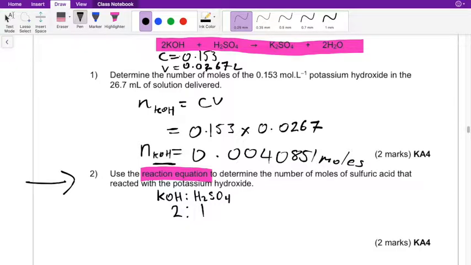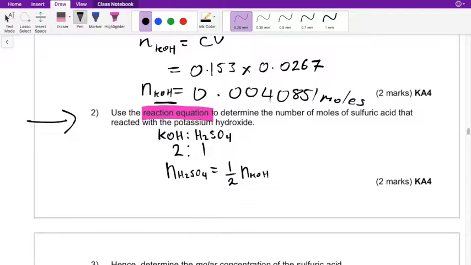That means that for every 2 moles of potassium hydroxide, we get 1 mole of sulfuric acid, which means that we get half as much sulfuric acid as we do potassium hydroxide. Therefore, we know that the moles of H2SO4 is equal to half the moles of potassium hydroxide.